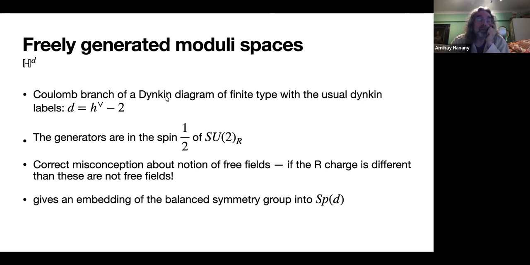If I take a Dynkin diagram of finite type, and the labels of the nodes be the Dynkin labels, then all of those quivers have a Coulomb branch which is a freely generated moduli space. I don't know if this is a known fact, but it's known to us for several years now, but might not be known to other people today.